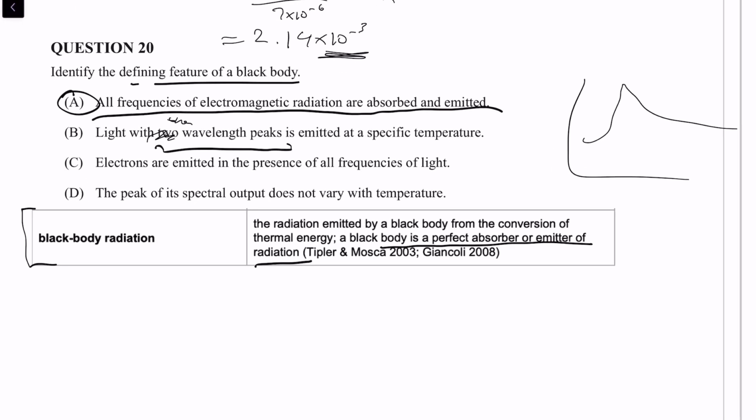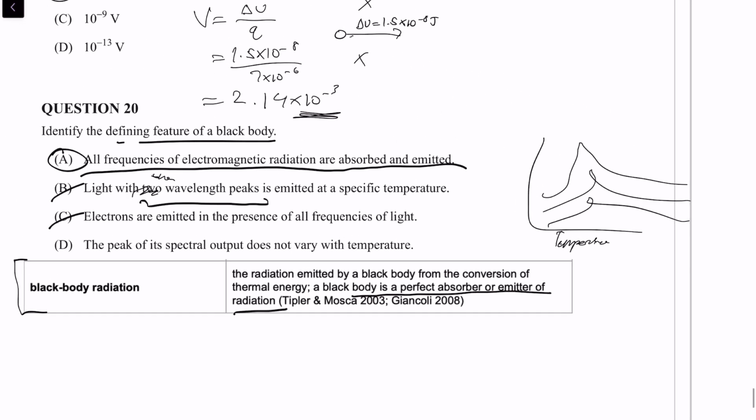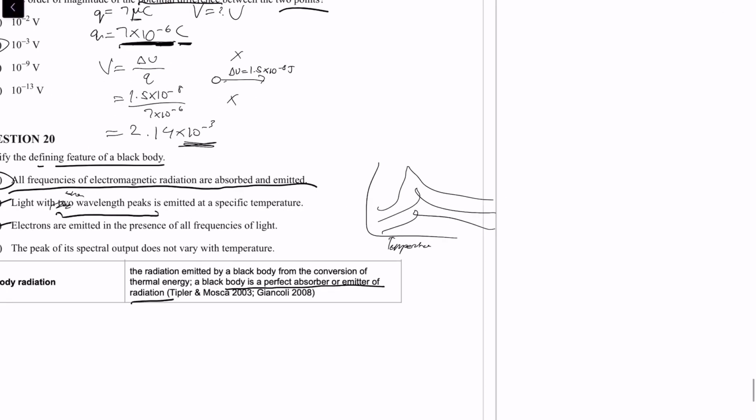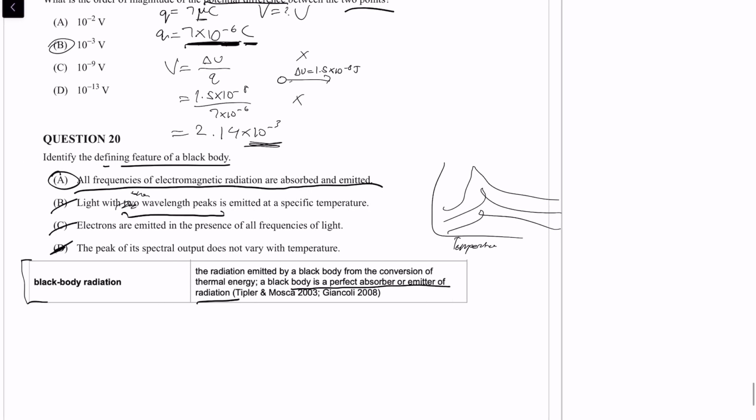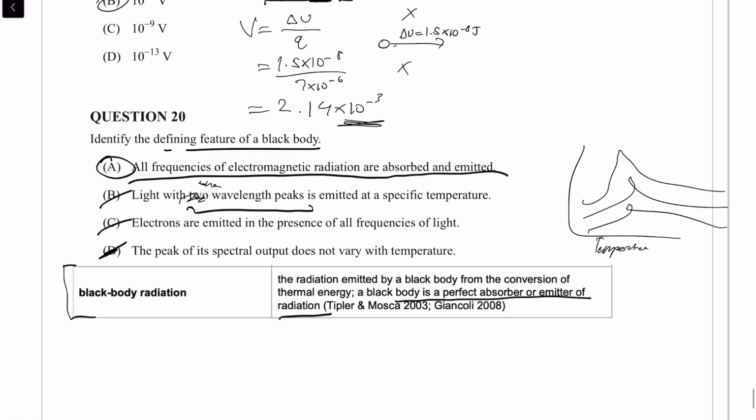And so that's wrong. Indeed, the peak of its spectral output does not vary with temperature. Actually, if you have multiple graphs, they're actually variable with temperature changes. I did my IA3 on that, so that was pretty helpful as well. But yeah, 20 is really the answer.